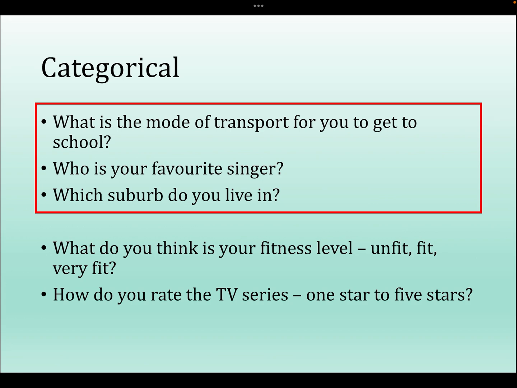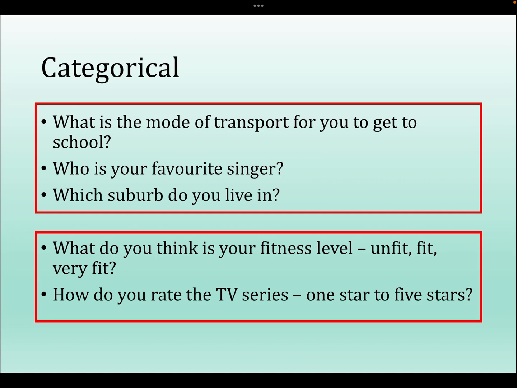Is there an order to it? Really, there's no order. The only thing you can think about is probably alphabetical order. Whereas the second category of categorical data has some sort of order, for example, unfit, fit, and very fit, or one star, two stars, three stars, up to five stars.